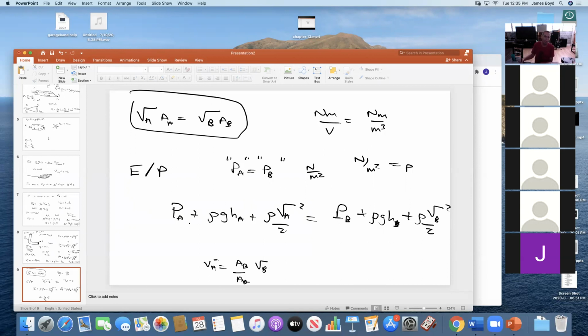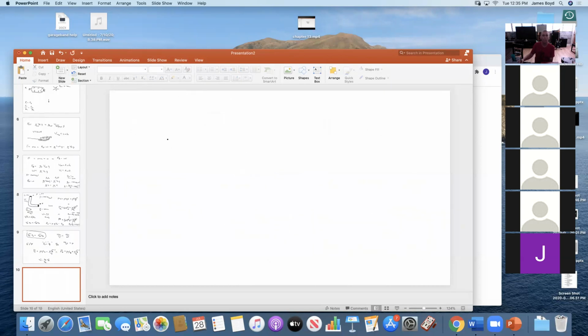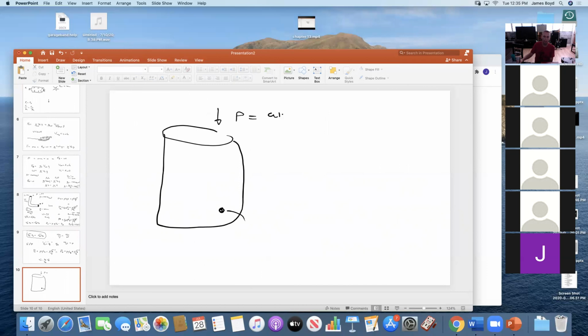And then the last weird wrinkle, and this is something I talk about a lot in the lecture, is let's say you have a bucket. If you drill a hole in the bottom and water comes out, the pressure here has to be atmosphere. Whatever the pressure is outside, the pressure here also has to be atmosphere.